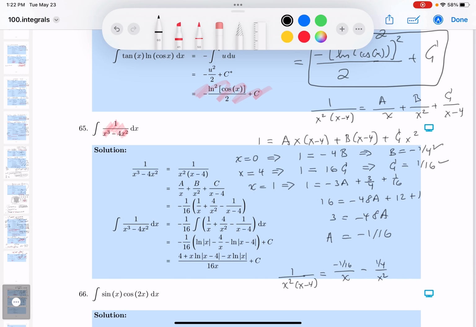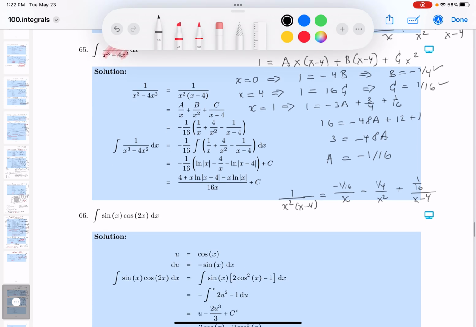And the c was 1/16, right? I'm going to factor out a 16th. Actually, I'm going to factor out minus 1/16. And you get 1 over x plus 4 over x squared minus 1 over x minus 4.